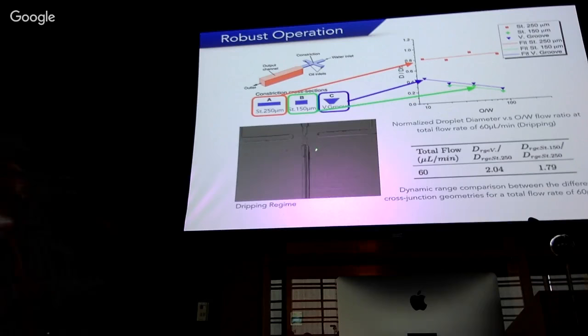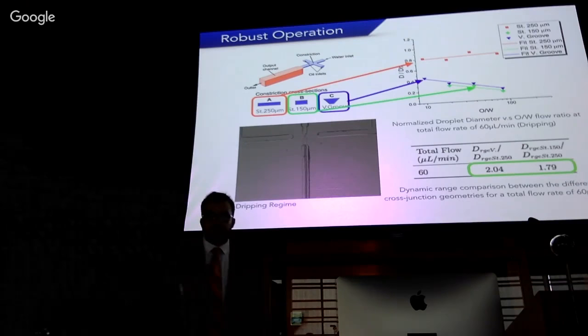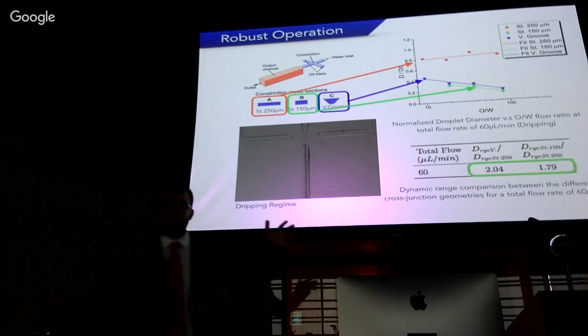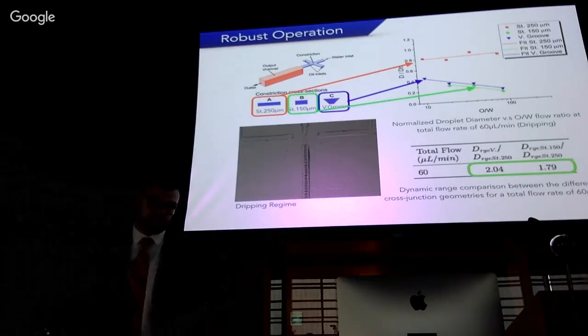So this is the device in operation. And then we measure the dynamic range of the droplet formation. And we see that for these two devices, we have almost twice the range of droplet sizes. You can create twice as much droplet size range.